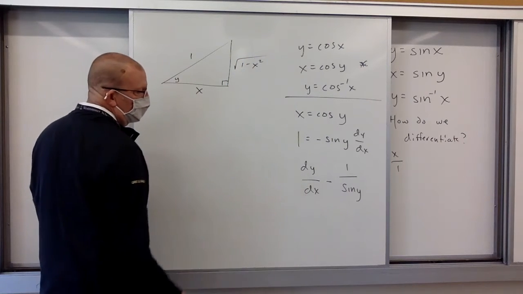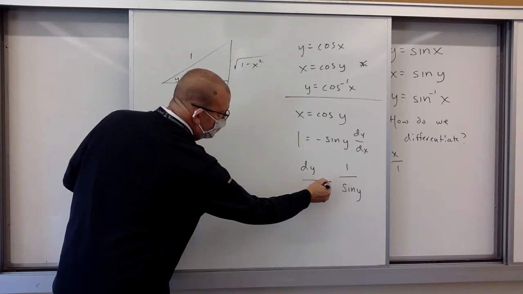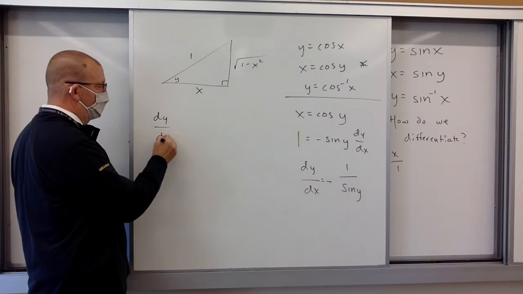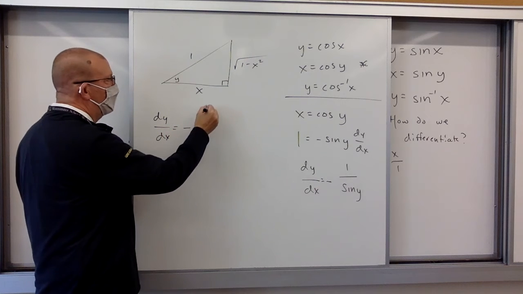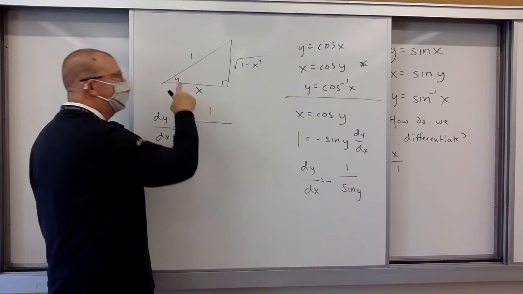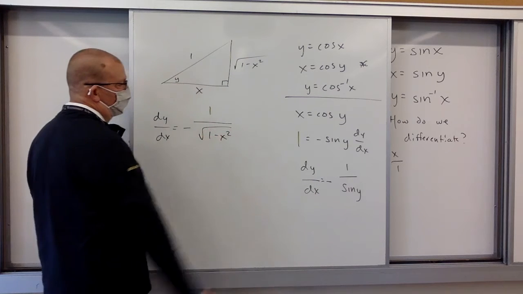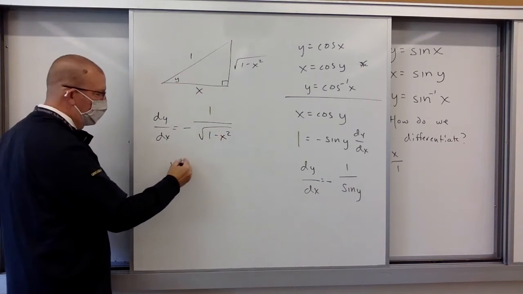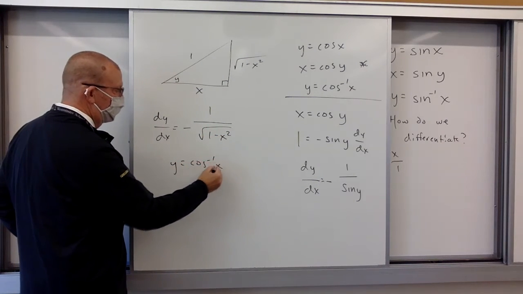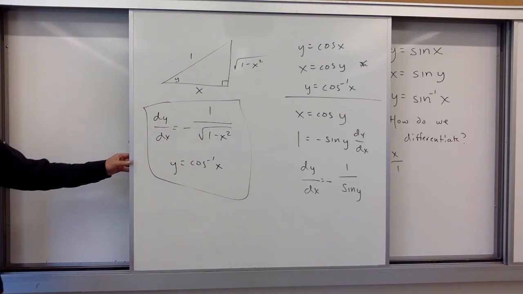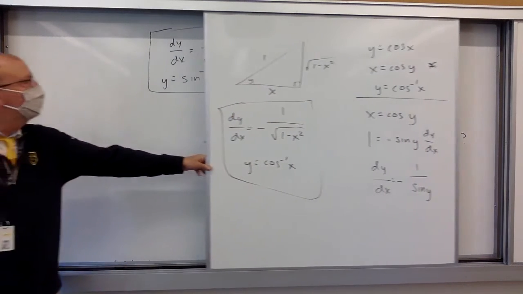We go back to our dy/dx. We're going to say dy/dx equals negative 1 over the sine of y, which is root 1 minus x squared. That's the derivative of y equals the inverse cos of x. Equation number 2. So let's just be clear here.